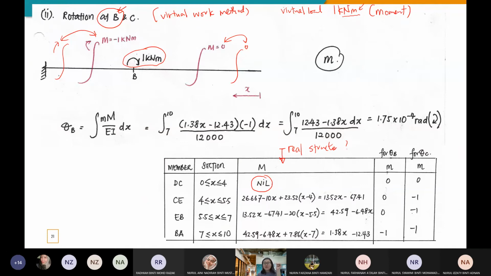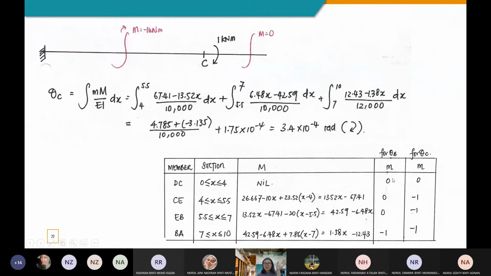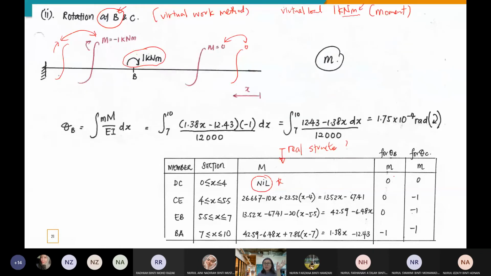If there is no value for small m, then the big M will not be used. This actually has a value, but owing to this zero here, we just skip the process.